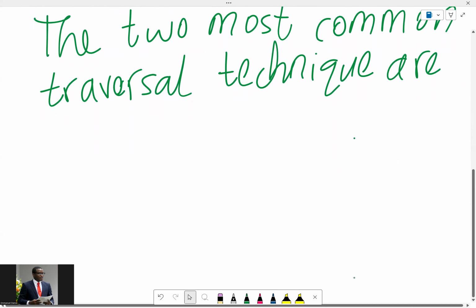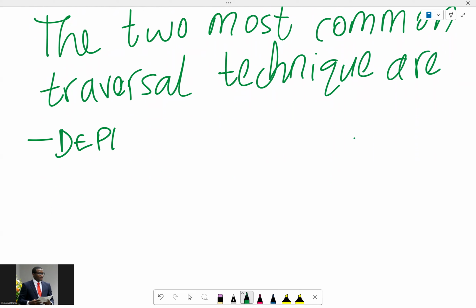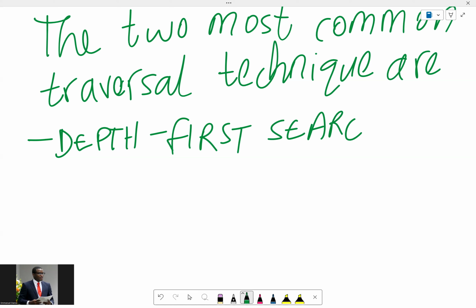The first one, the depth first search, that is DFS, is an algorithm, the depth first search algorithm.